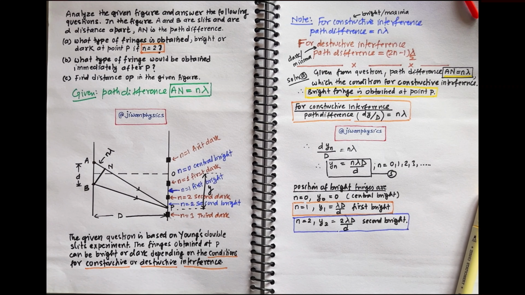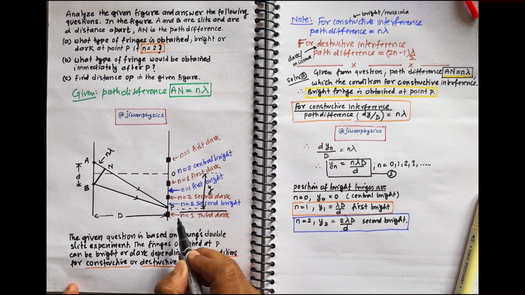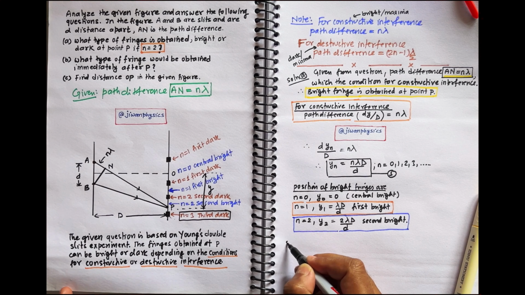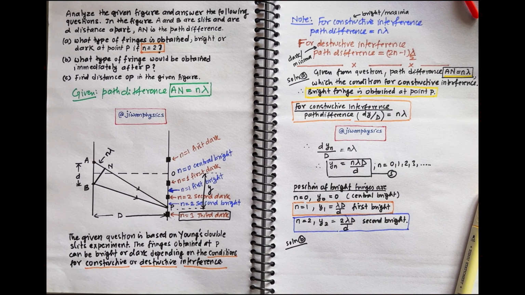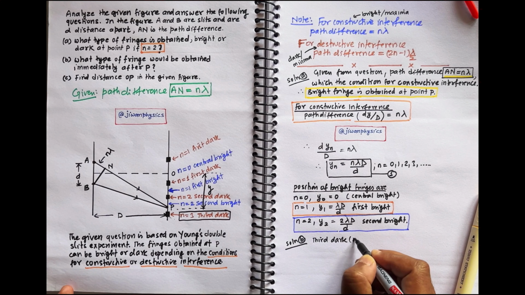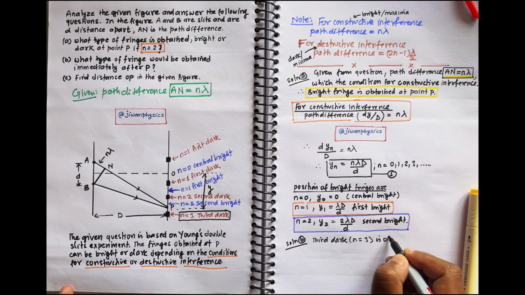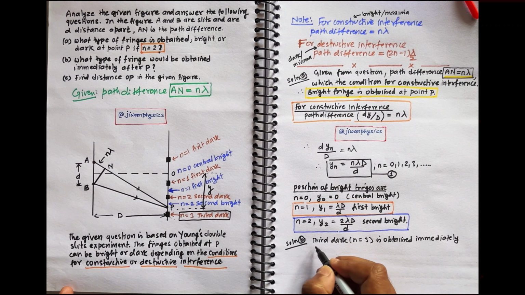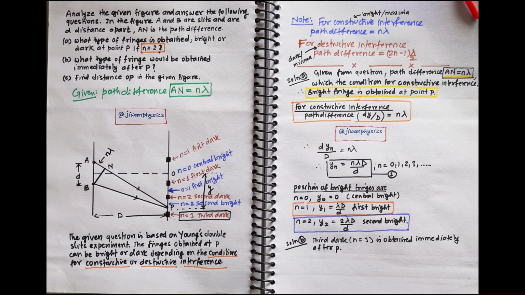This is the solution for question B. What type of fringe will be obtained immediately after P? Third dark, n equals 3, is obtained immediately after P. This is to be noted.